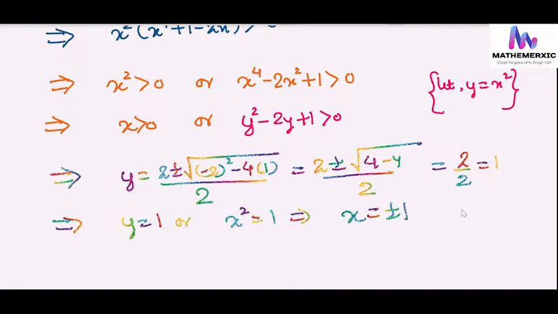So x is greater than 0 and x is equal to plus minus 1.